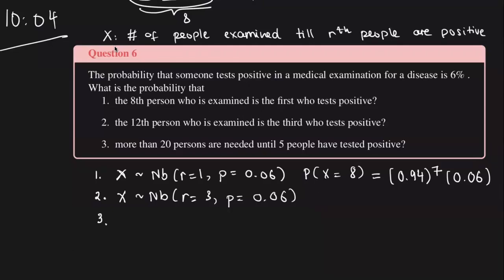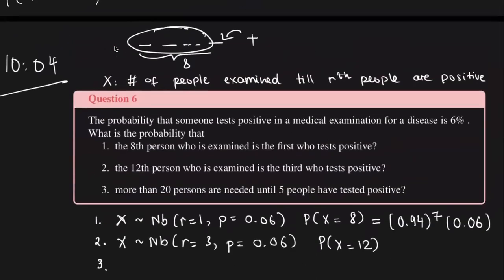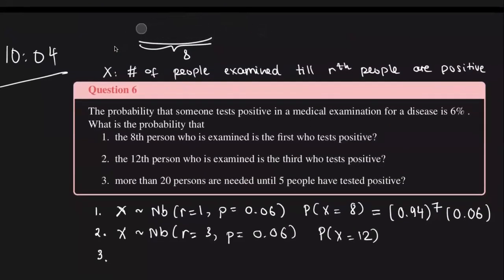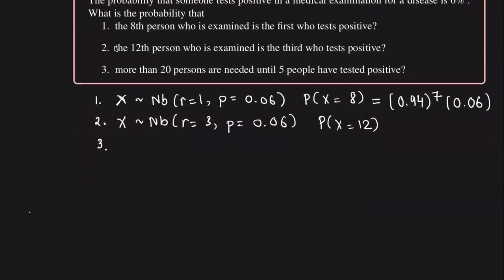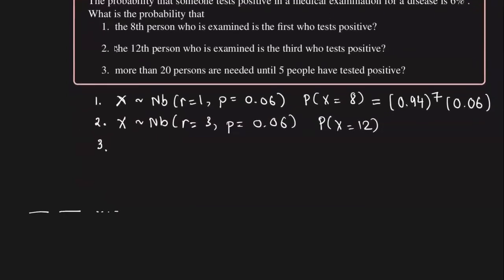And we want the probability that X equals 12, which means that the 12th person is the one who tests positive as the third person. So if we have 12 people in total, okay, let's say here we have 12 people, and we want the 12th one to be the third positive.